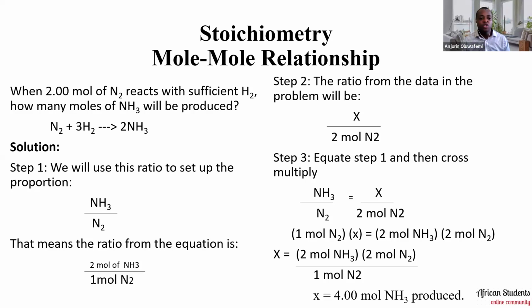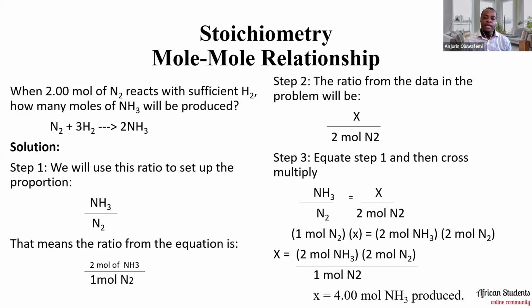Now, step 3 is for us to equate these two ratios together. We equate step 1, then we cross multiply. So NH3 over N2 equals X over 2 moles of nitrogen. When you cross multiply, you have 1 mole of nitrogen multiplied by X equals 2 moles of nitrogen multiplied by 2 moles of ammonia.